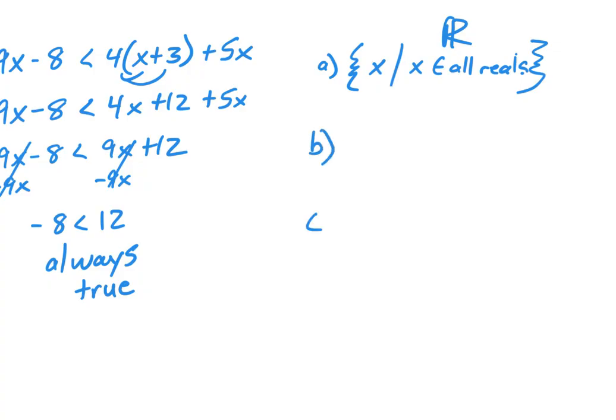If I was to do it on a number line, what would that look like? What numbers would need to be shaded here? How far left am I going to go? Yep. How far right am I going to go? Infinite, right?